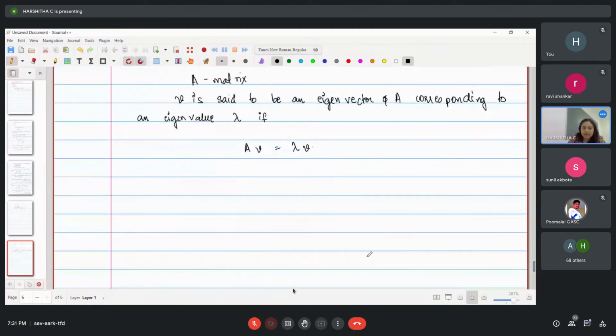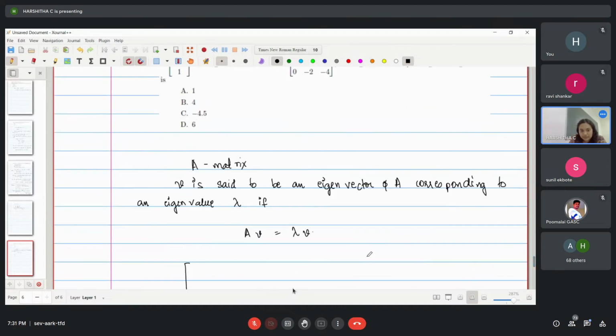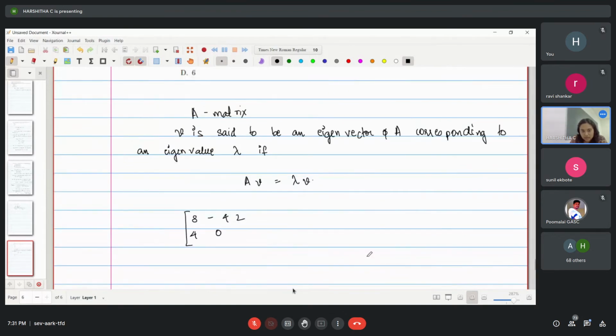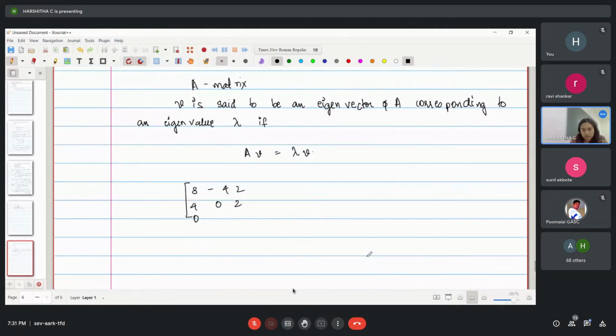So here our matrix is eight minus 4, 2. This is our matrix times the vector v.